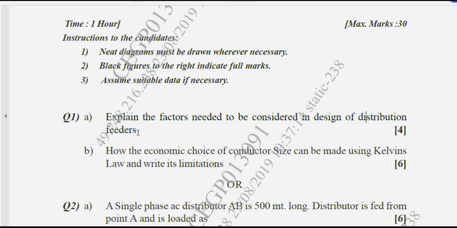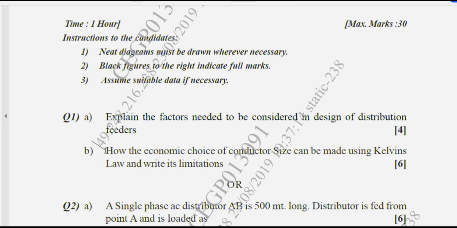For this question you have to write the definition of the feeder first, then draw the diagram which contains the substation, distributor, feeder and service mains, and make the list of factors which are needed.